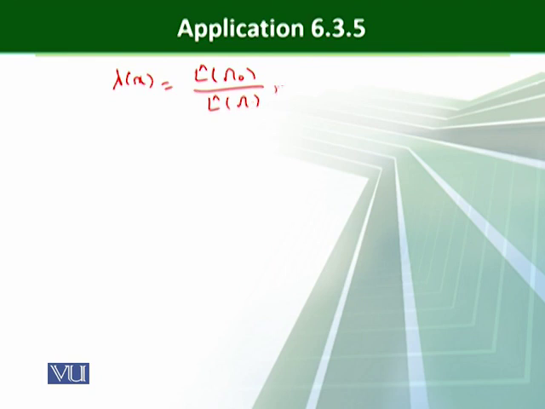So after putting their respective values and simplifying, we get lambda x as n raised to power minus n by 2, e raised to power n by 2, W raised to power n by 2 and e raised to power minus W over 2. When we put in the values and simplify, this result comes. So we can easily see that these two are constants and the test is based on the statistic W.